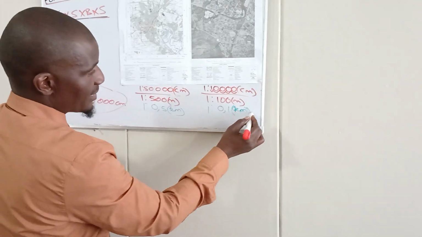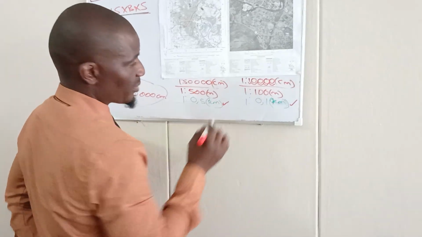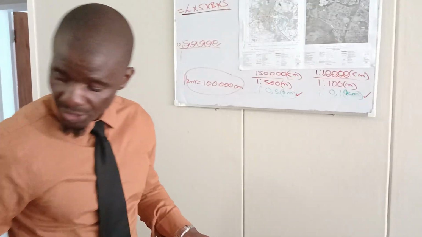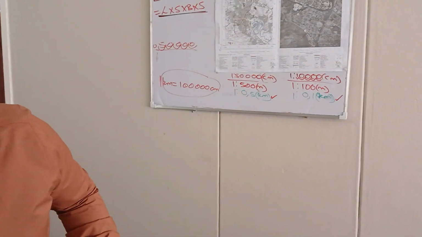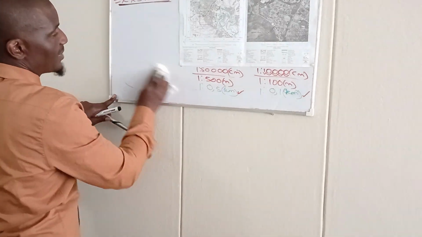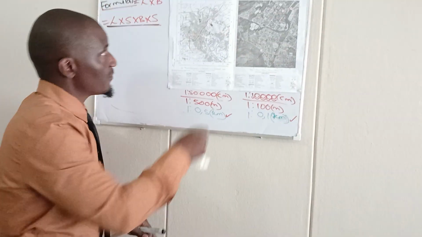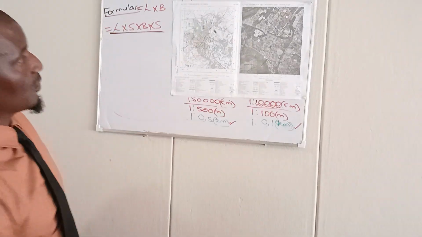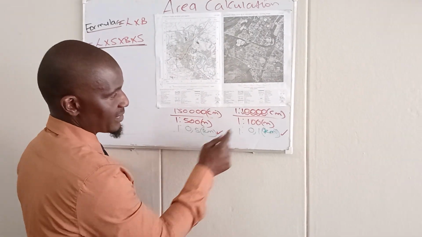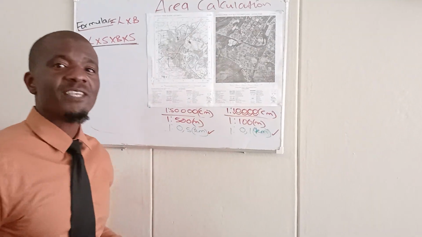That's how I got my 0.1 and 0.5. I have converted it from centimeters into kilometers. So now I have the scale of a topographical map and the scale of an orthophoto map, both in centimeters, meters, and kilometers, it makes my life easier.